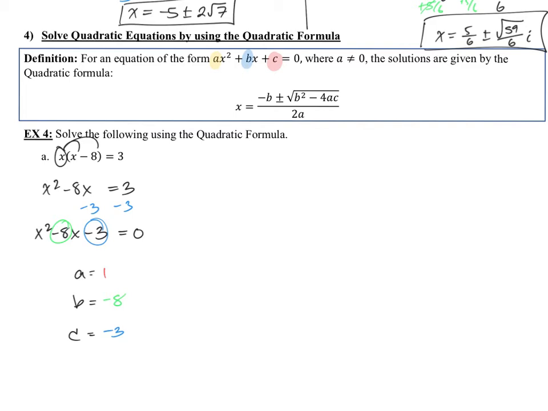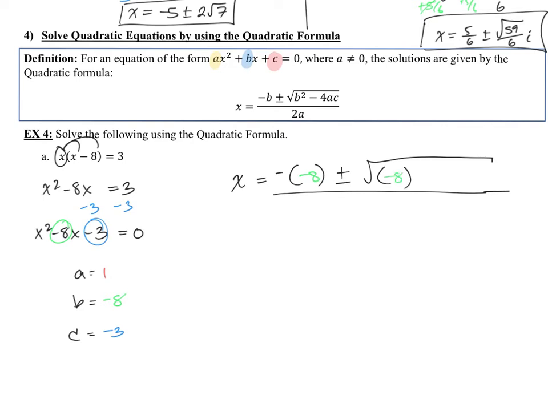Be careful. Generically, we have x equals, but sometimes in your problem, you won't be solving for x. You might be solving for another variable. So please make sure to write the right variable down. x equals negative b, the opposite. What is b? b is negative 8. Okay, then we're doing the plus or minus, so plus or minus the square root of the b squared. What is b squared?